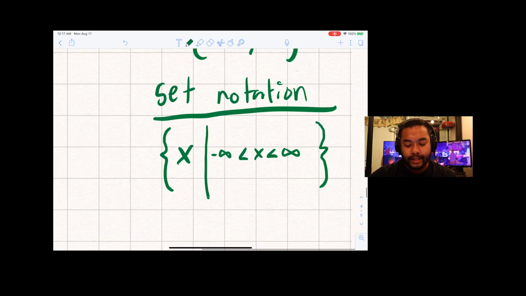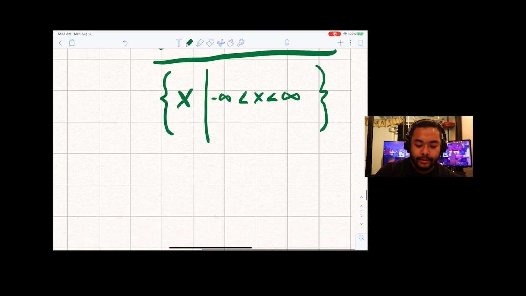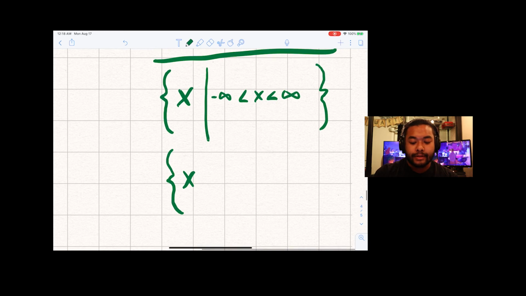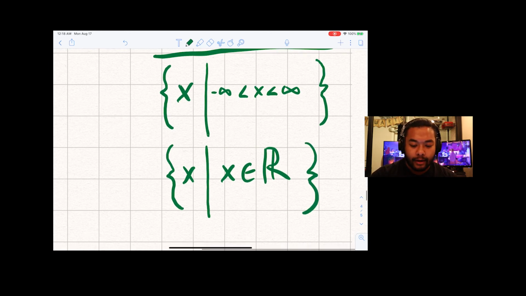But I said there's one more way to say this, and you'll see this in calculus, probably BC calculus more than AB, or definitely in university calculus, which is curly brackets, the set of all x values such that x is an element of all real numbers. Okay, so this symbol here, to dissect it, because I'm sure some of you might not have seen this before.